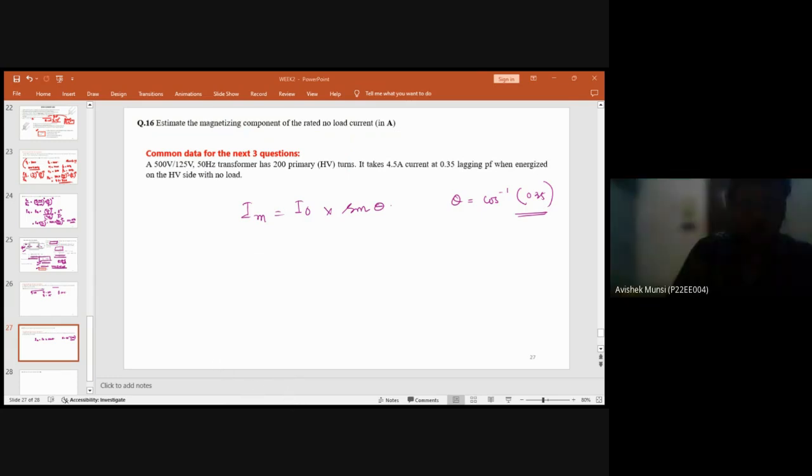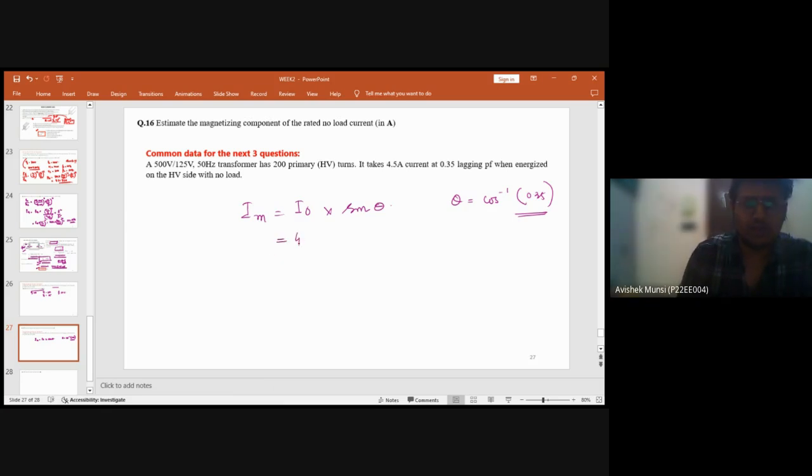Vijayalakshmi, is it correct? So it is 4.5 into sine of cos inverse of 0.35. So what will be the answer? It is around 4.2. Right?